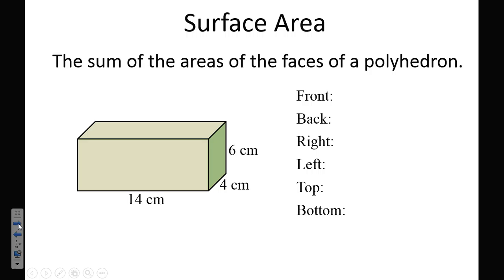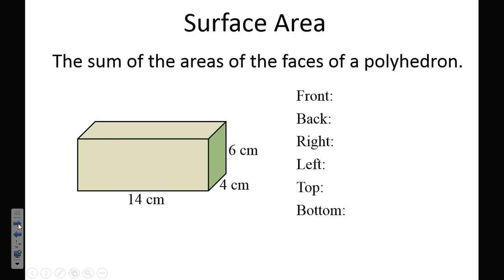So I've got a candy box up here. When we're talking about surface area, I want to know how much area the front face occupies, the back face occupies, both sides, and the top and the bottom. It's empty. So we're not interested in how much space it occupies, just how much coverage we need, how much ink has to be used to cover this packaging material.